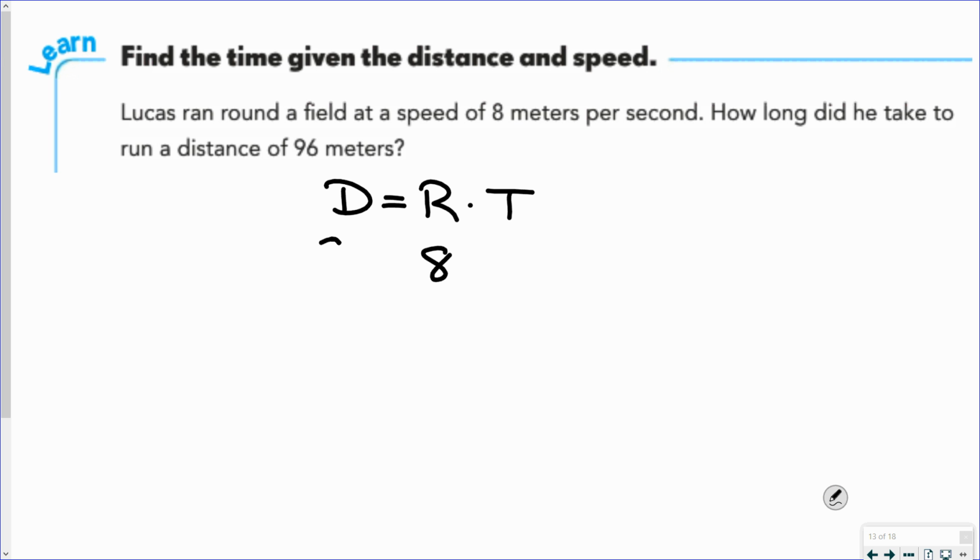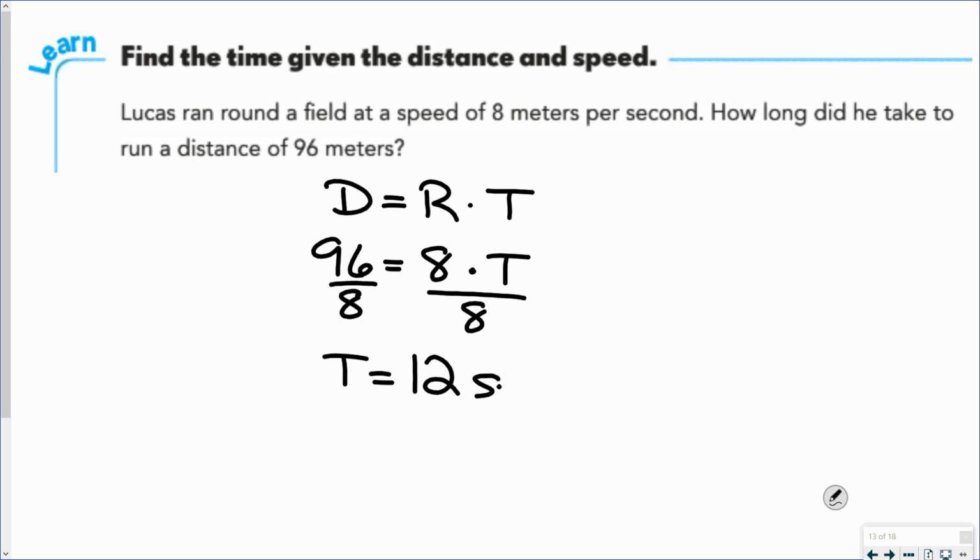That would be our distance. We now have an algebraic equation, and we need to utilize our skills for solving algebraic equations that we learned earlier this year. Since we're multiplying, we do the opposite of that, which is divide. And 96 divided by 8 would be 12 seconds.